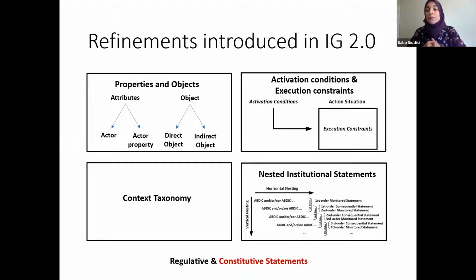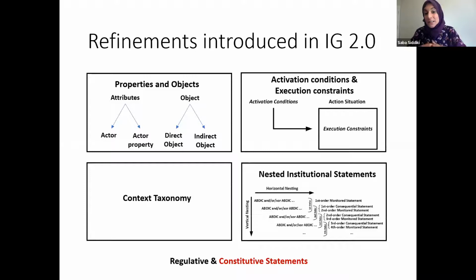We distinguish those from execution constraints as another kind of context, and these are essentially accordant with the condition syntactic component in the original institutional grammar, in the sense that these just qualify the action of the statement.